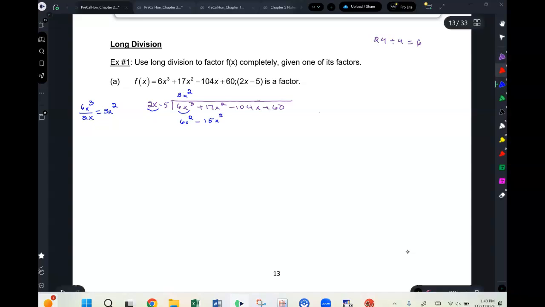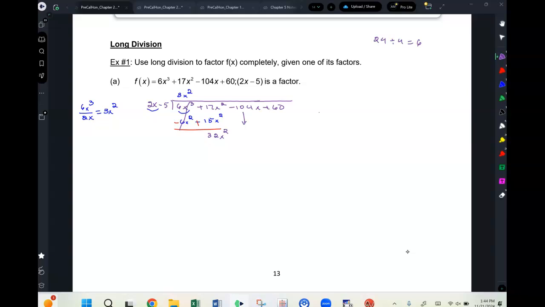Now, remember what I always had you do: change the sign, draw the line, combine. This will always go away, and I have 32x squared.